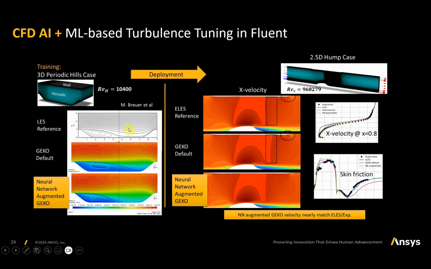And by training it on some large eddy simulation reference points, we're able to tune the turbulence model so that the results are essentially as good as much more expensive LES simulations. Now, we can train it on a very simple use case here, and then transfer that knowledge to more complex use cases. And you can see here again, we're going from missing the target to being exactly spot on with large eddy simulation.